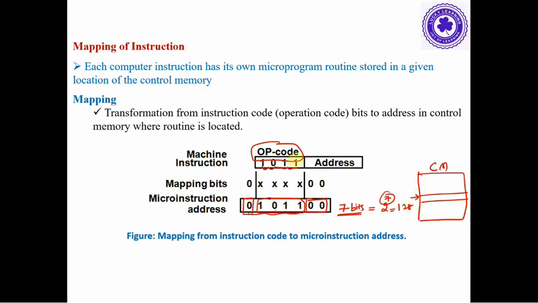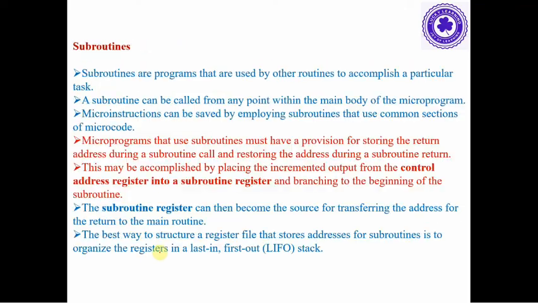In that part, for this operation code, some microprogram is there. The starting address is given so that it executes that particular microprogram. Transforming the instruction code bits to an address in the control memory is called the mapping procedure.